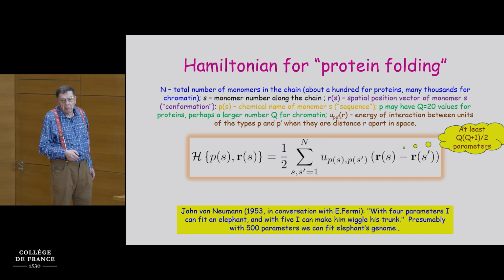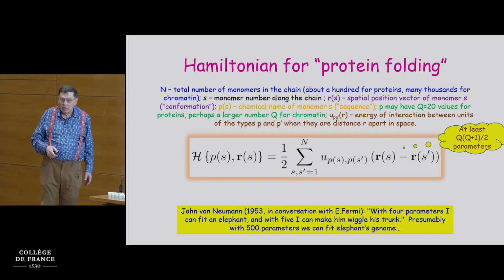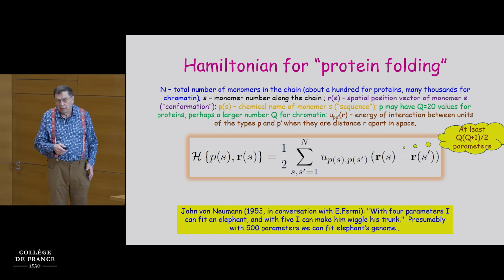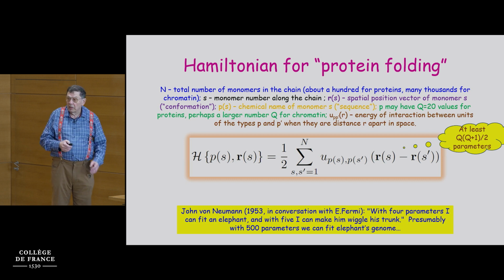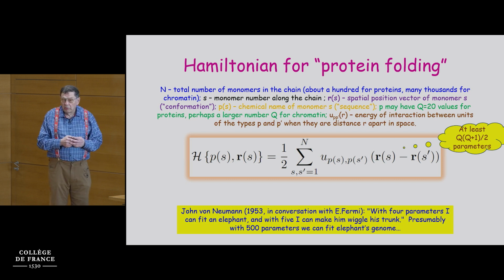You have to know these potentials, these energies, for all possible pairs of these monomers. And the number of possible pairs for proteins is about 200. And for chromatin, it runs in many hundreds. So there is a famous statement by John von Neumann that with 5 parameters we can fit an elephant.